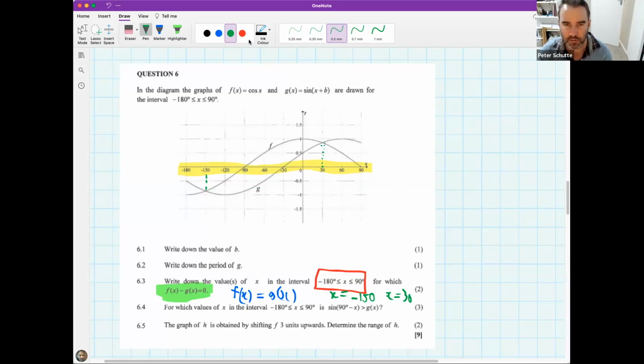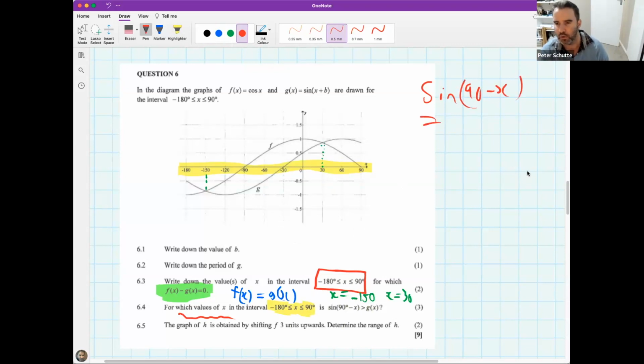So let's have a look at 6.4. For what values of x in the interval minus 180 to 90, so that is the same interval that we spoke about up here, is the sine of 90 minus x greater than g of x? Now, again, there's a little trick. Does anybody know what sine of 90 minus x is the same as?